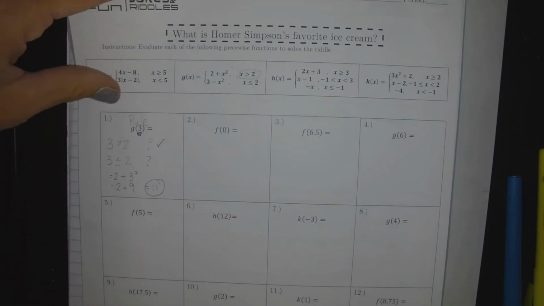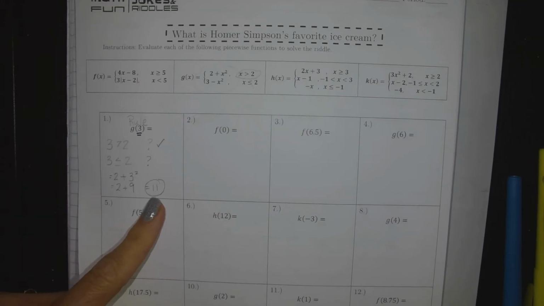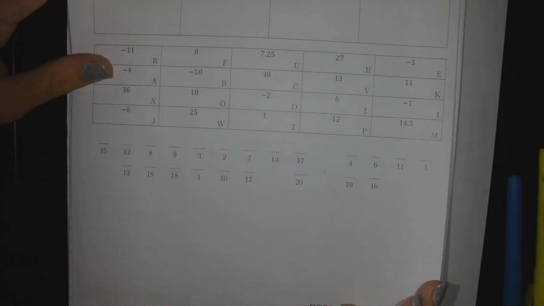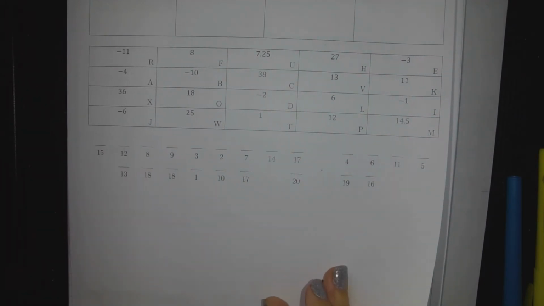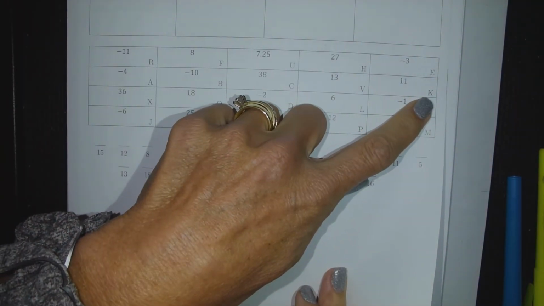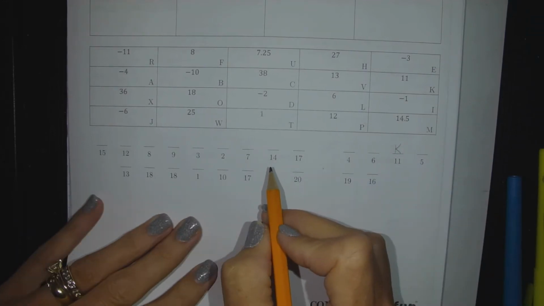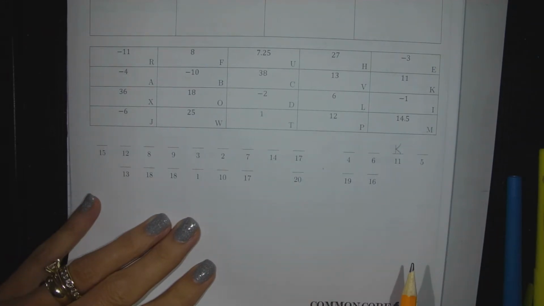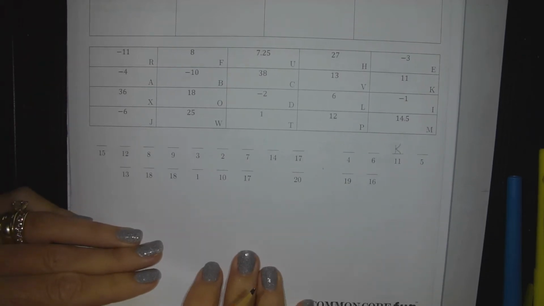Okay, and that is evaluating. Okay, so I'm going to turn the paper over and I'm going to show you, it's just kind of an easy riddle. So I'm going to look at where I see 11, which is right here. So K, wherever I see K, I'm going to put it there.